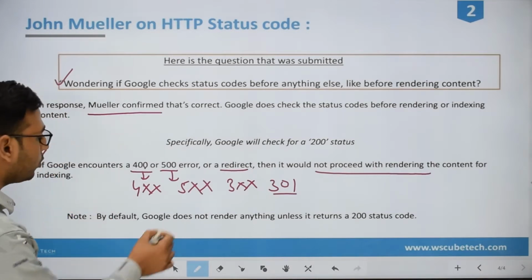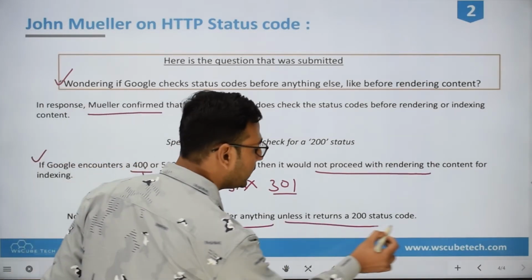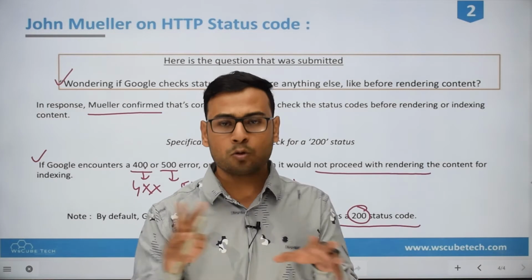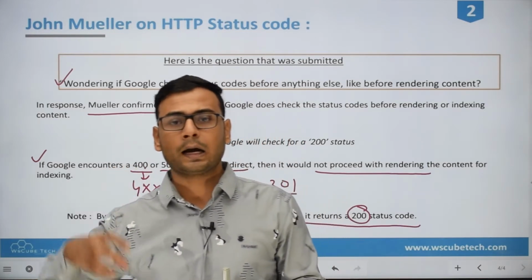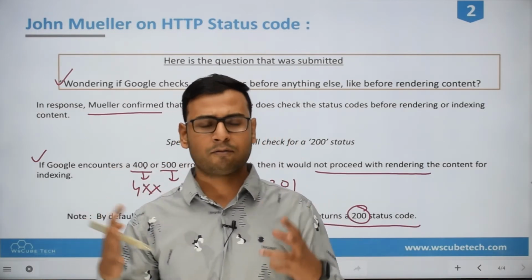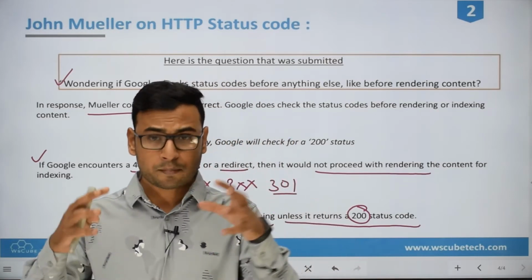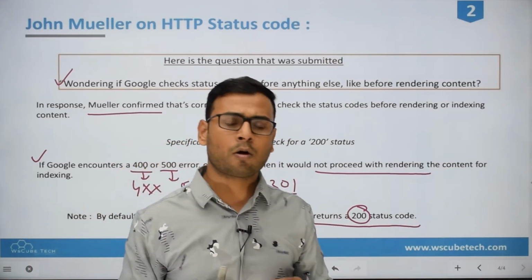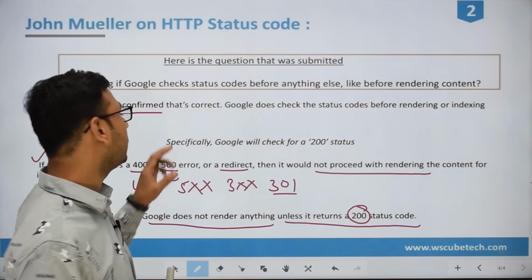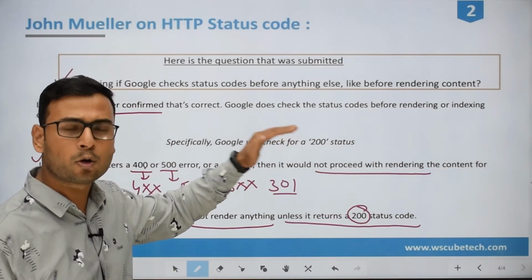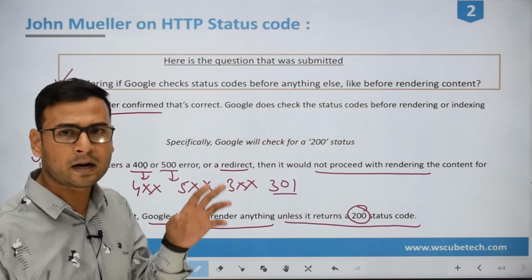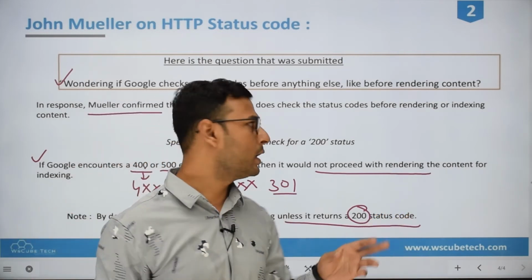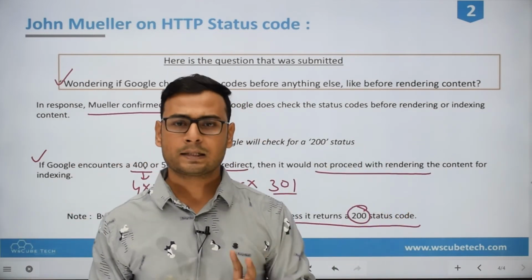By default, Google does not render anything unless it returns a 200 status code. So, before the actual rendering and indexing takes place, or different on-page factors come into play, what the crawler actually checks is the status code, which should be 200 to indicate that yes, you are ready, you can move forward and then render and index the page, right?